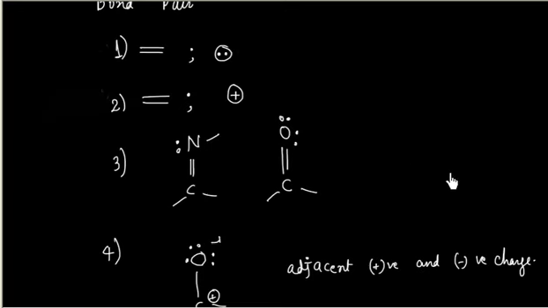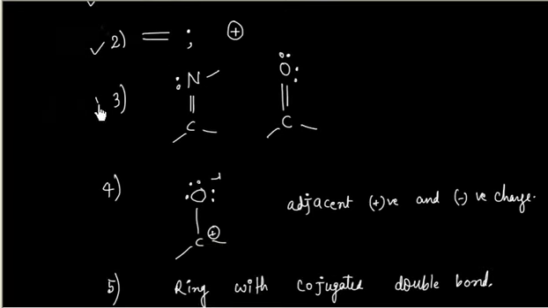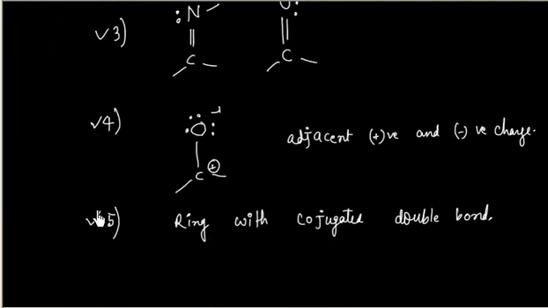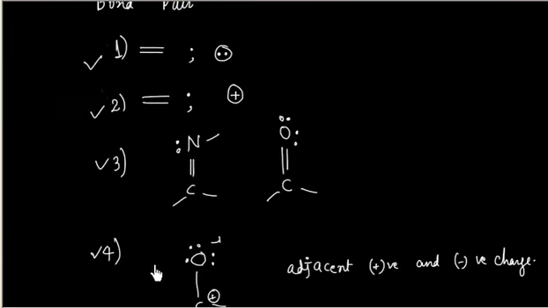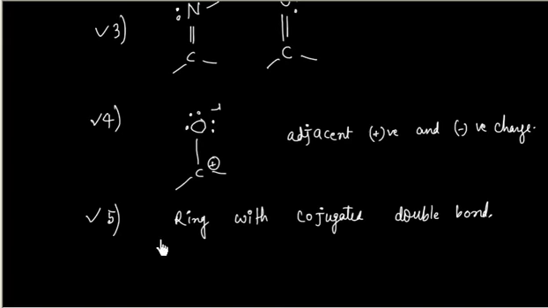So if you can recognize this kind of pattern, it is easy to write resonating structures. So patterns help to write resonating structures faster. You can write easily and quickly the resonating structure if you can realize these patterns, and this will come only from practice.